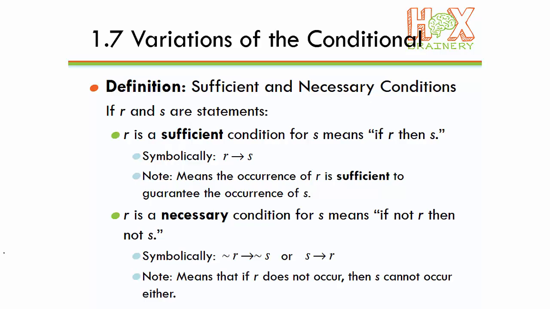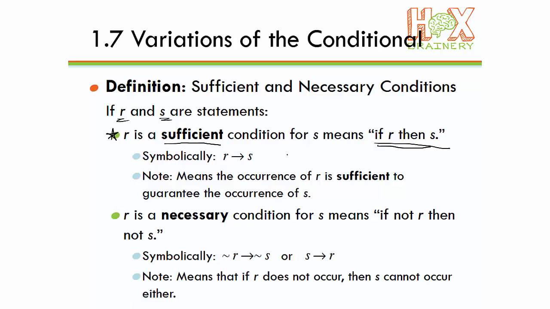Okay, the last thing we're going to do in this section is go over definitions for sufficient and necessary conditions. So if R and S here are statements, this first bullet here says that R is a sufficient condition for S, means that if R, then S. So if we have this conditional statement, if R, then S, R is a sufficient condition for S. This means that the occurrence of R is sufficient enough to guarantee the occurrence of S. So let's do a mini example.